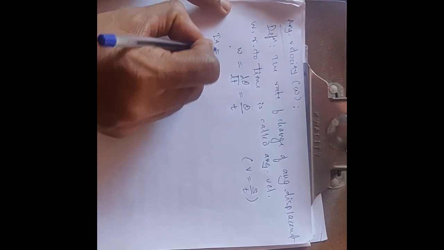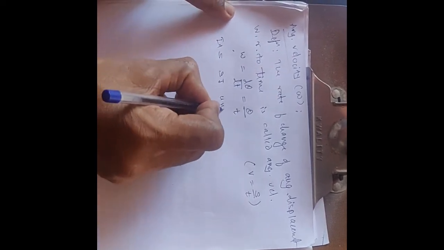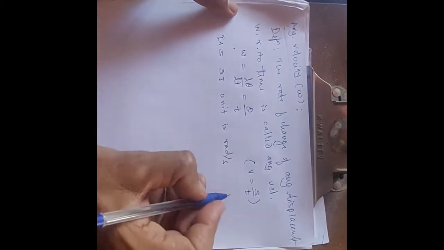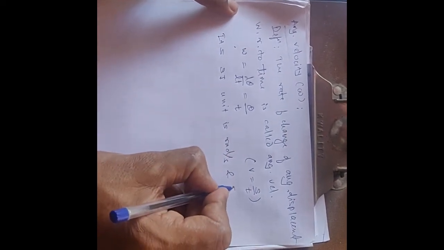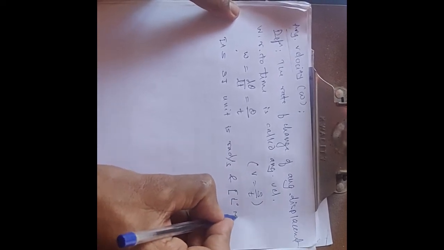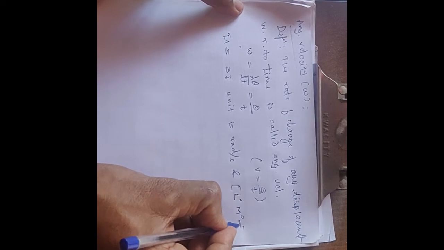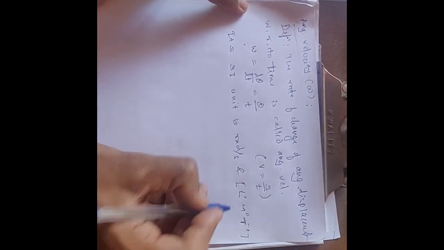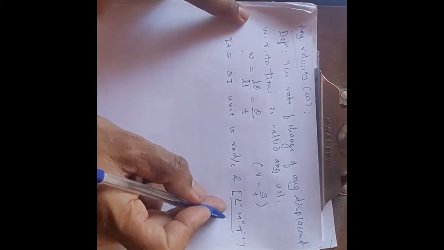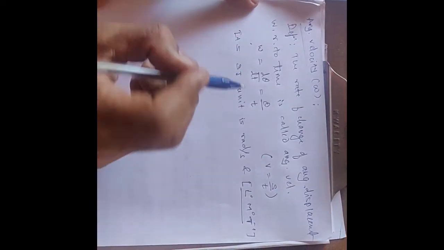Therefore its SI unit is radian per second, and its dimensions are 0 in length, 0 in mass, 1 in time, and these dimensions are same as that of another physical quantity called the frequency. It means that angular velocity and frequency have the same dimensions.